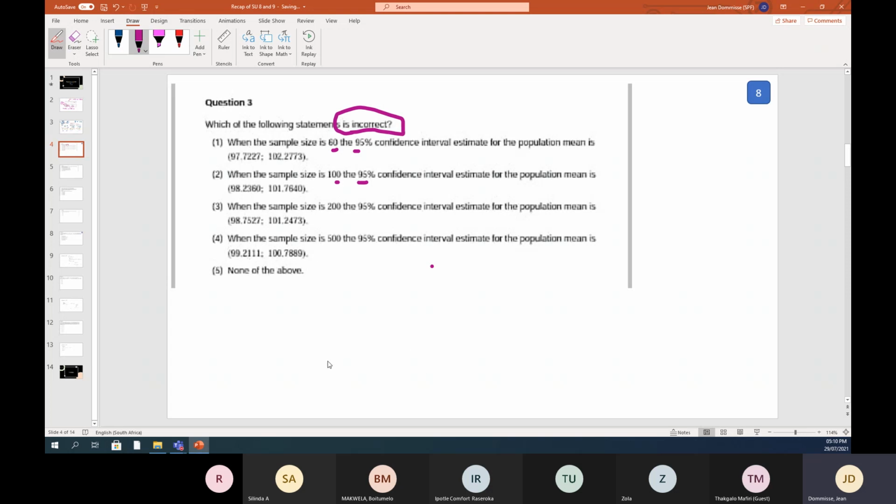Okay, so the first thing that I would look at is, what is your formula for confidence interval? So it is the x plus minus your z times that. Okay, so when we look at this, they tell us what the sample size is.